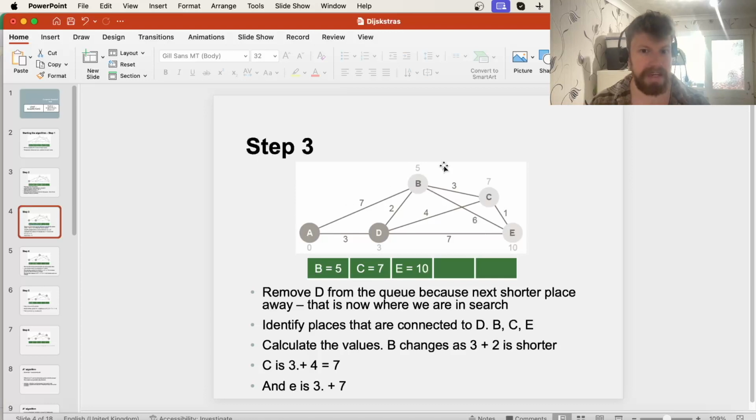When we were going from A to B, it was 7. So you'd cross that out, and then you've found out that going from A to D to B is a shorter route, so 3 plus 2. It's just going through those steps, visiting the nodes that are connected, and once you've done all of that, you have found the shortest possible route to get to everywhere on there. But I mean, it was going from A to E, this one.